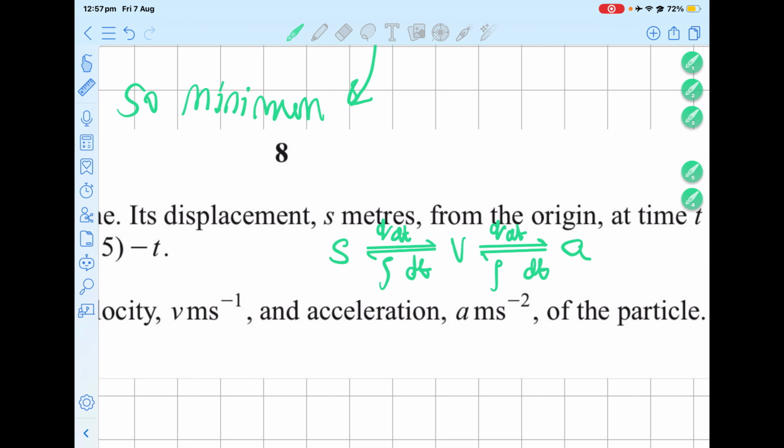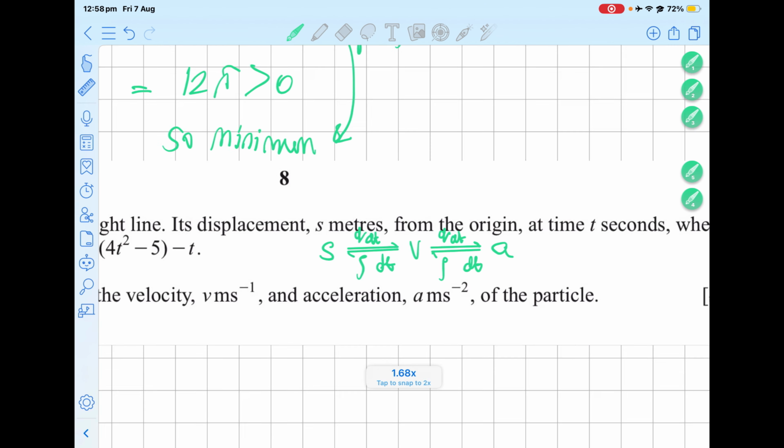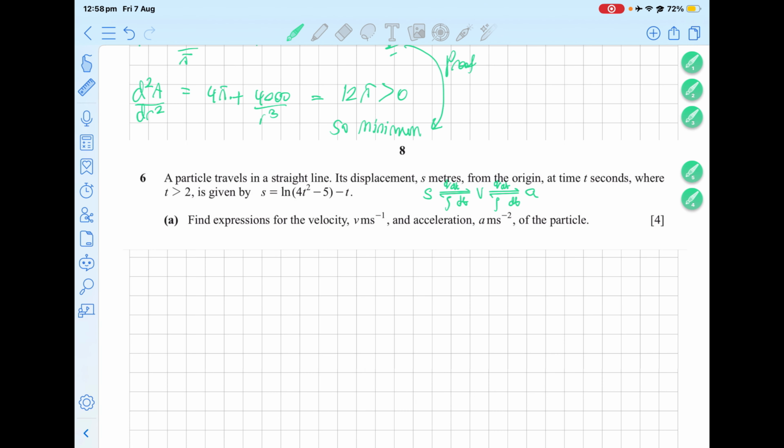Okay, so you differentiate, and you're also integrating while differentiating. The displacement is s meters from the origin at time t seconds, where t is greater than 2, given by this. How do you find an expression for velocity? Differentiate v.